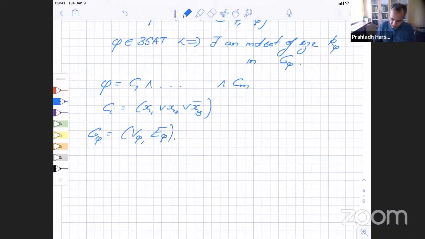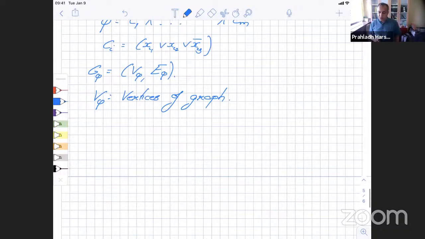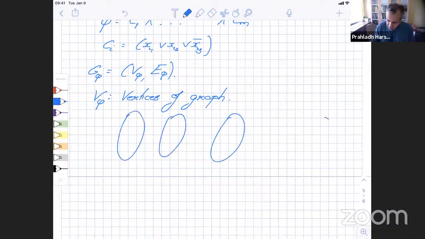So let's first describe the vertices of this graph. I'll first give a formal description and then actually draw it for you. The vertices are going to be split into m clouds.